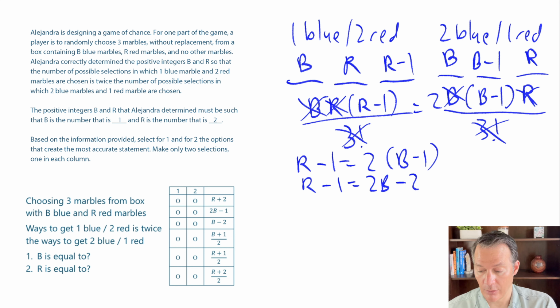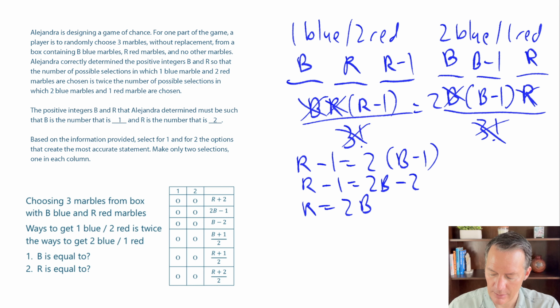Okay, and now, again, what are we trying to solve for? R and B, right? So easiest to solve for R first. We just add 1 to both sides. So R equals 2B minus 1. But that's the second question, right? So don't bubble in the wrong column here. But that is this second choice here, right? So for the second column.